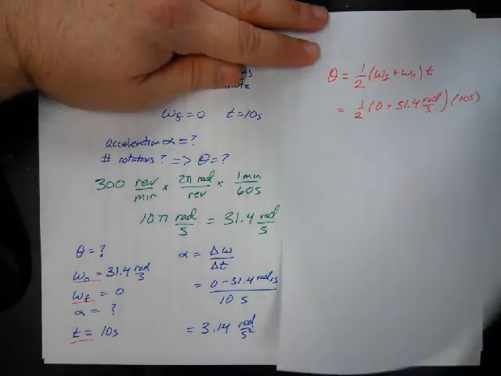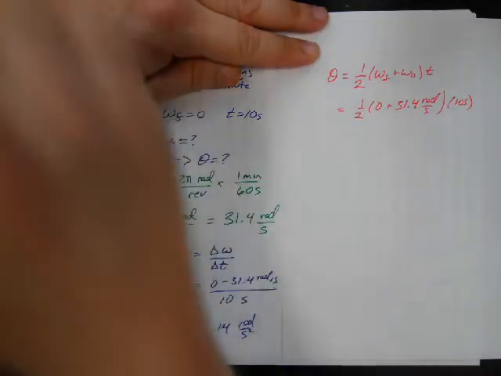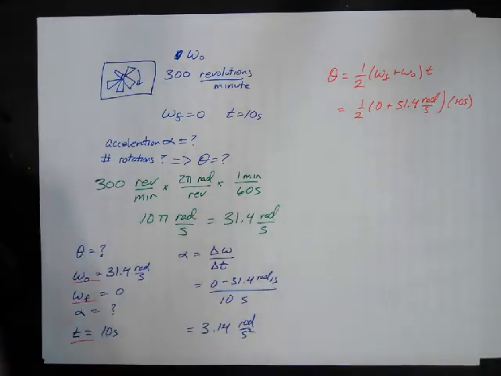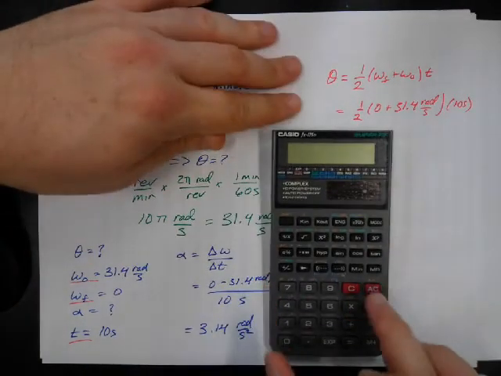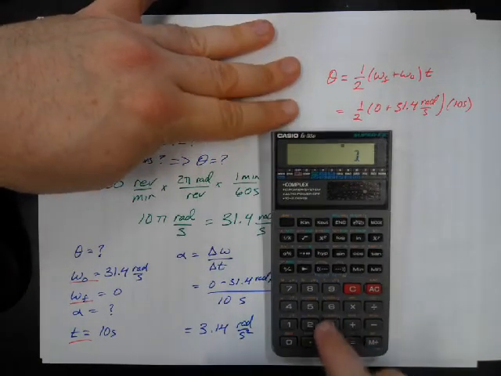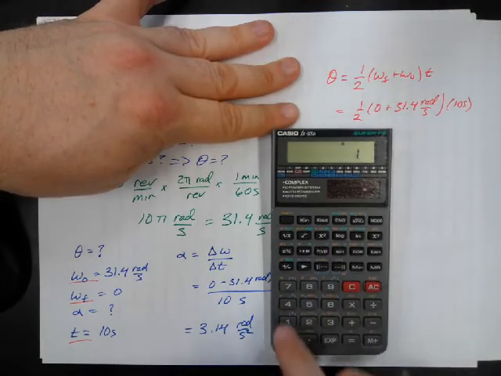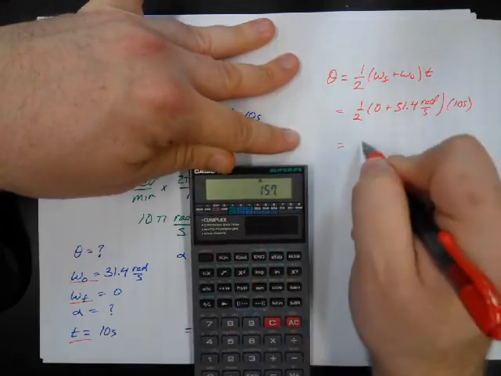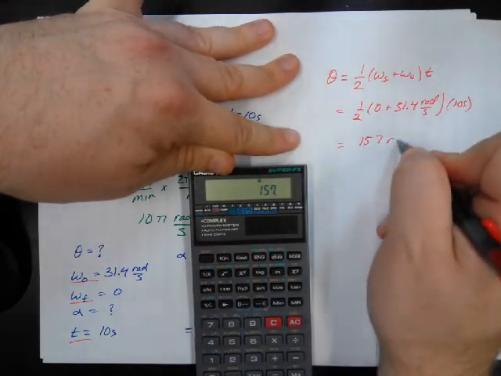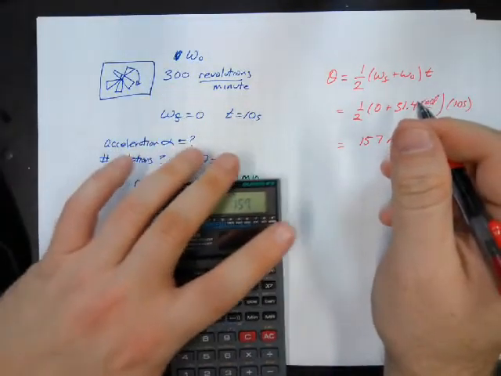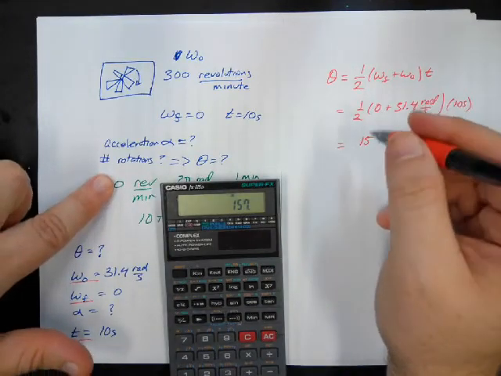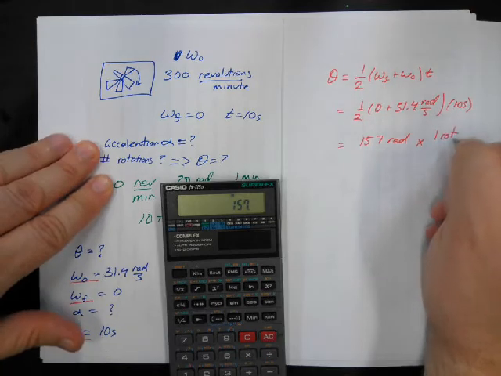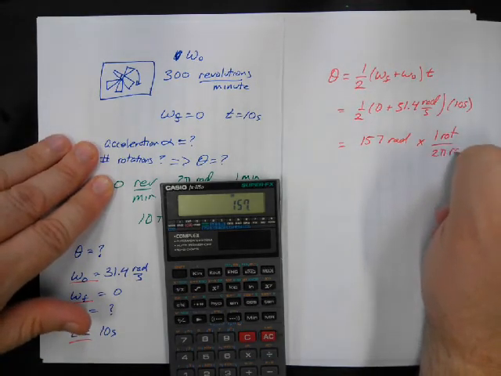So we'll have 31.4 times 5. We pull in the calculator because I'm lazy: 31.4 times 10 divided by 2 is 157 radians. Then we say, we specifically want the number of rotations, and 1 rotation is 2 pi radians.